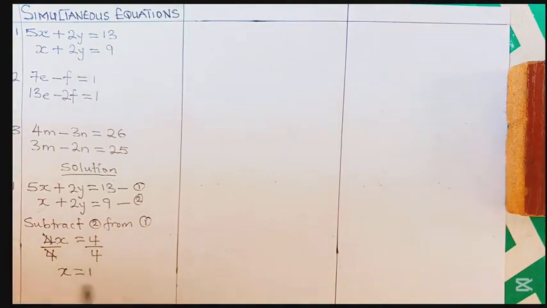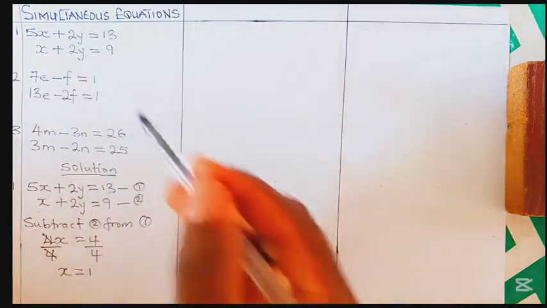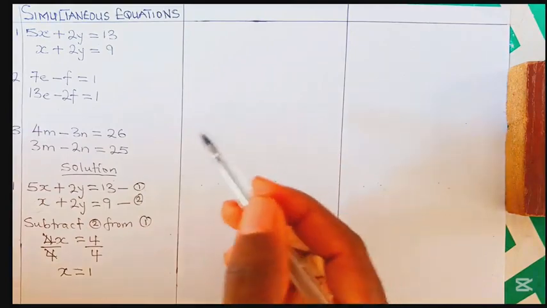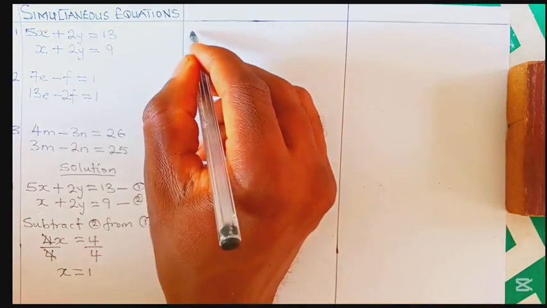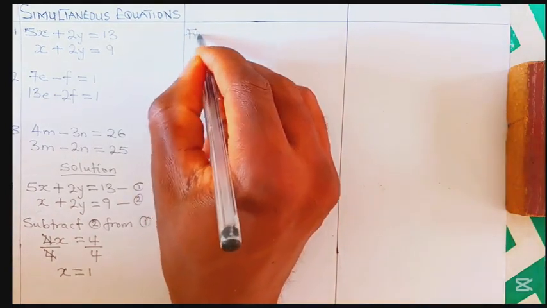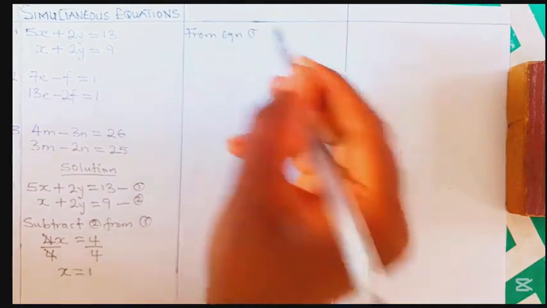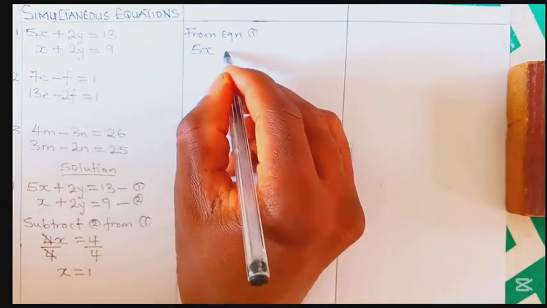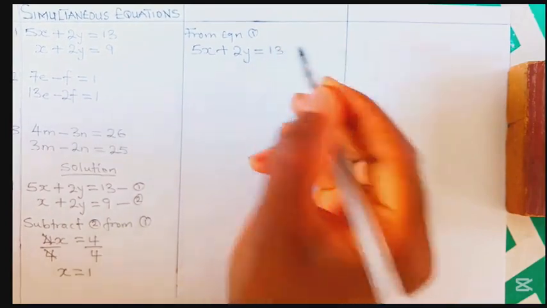To get our y, we have to use one of the equations, either equation 1 or equation 2, to get the value of y. So let's just use equation 1. From equation 1, 5x plus 2y is equal to 13.